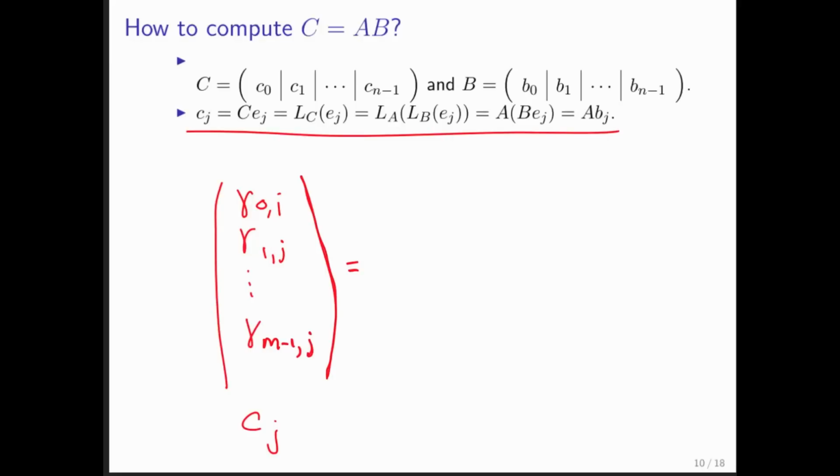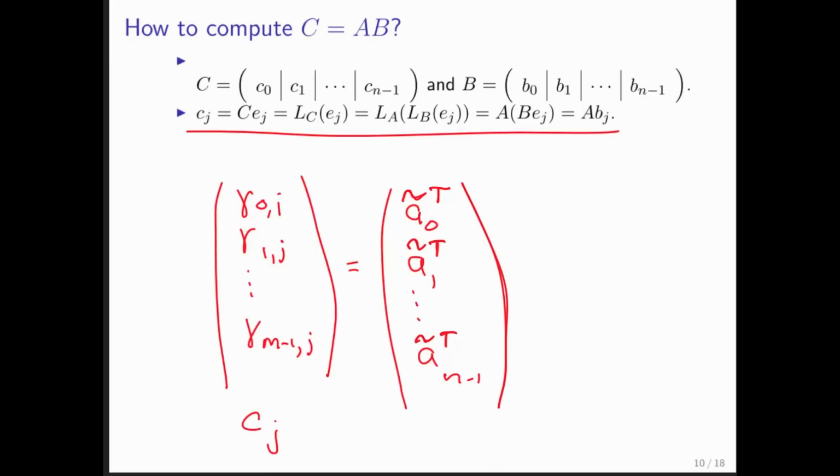Now, what we're going to do is expose rows of A. We've given those a name before; we can index them from 0 to m minus 1, because that's how many rows there are. We need to put transposes on that, because they are row vectors. And we often put this little squiggle on top, just to be able to easily tell that these are rows. And we know that that must multiply times the jth column of B.